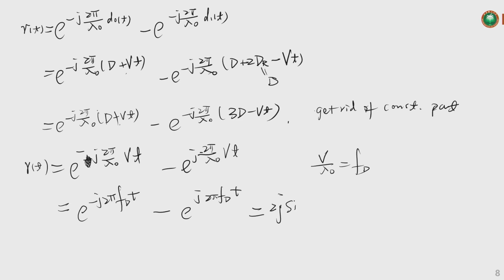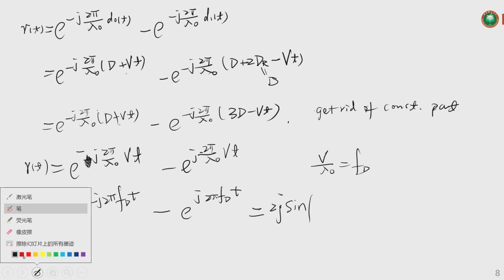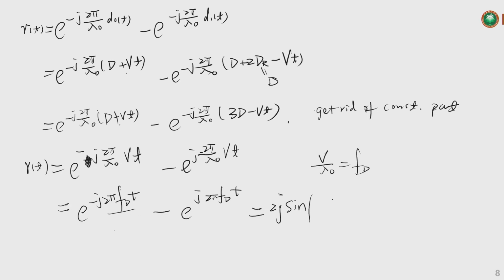Okay, same. We assume this part as minus 2 pi fd t, and this term as 2 pi fd t, times exponential of j times (minus 2 pi fd t plus 2 pi fd t), halved.